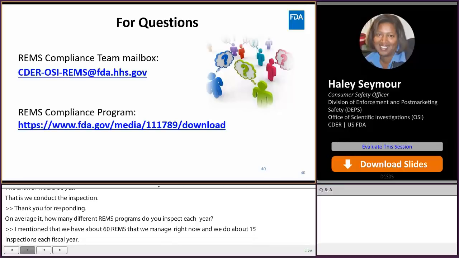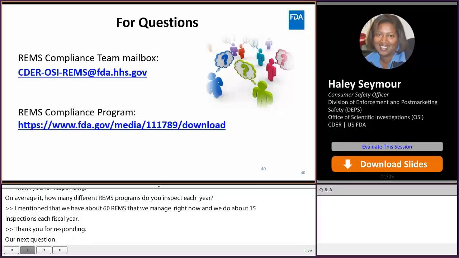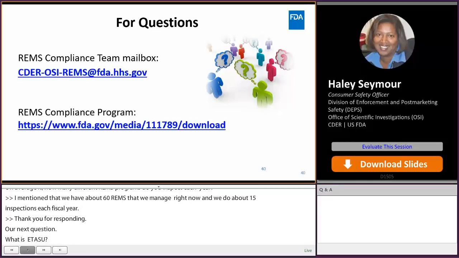Our next question. What is ETASU? Elements to assure safe use. The important thing that I'll stress again is that they are the strictest requirements of the REMS inspections that we do.